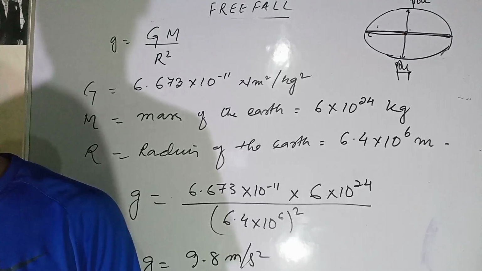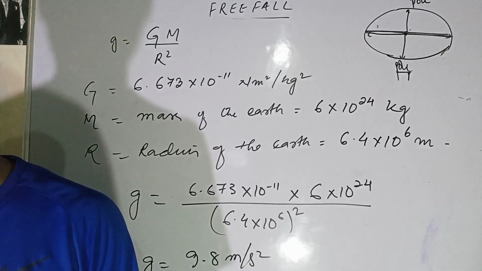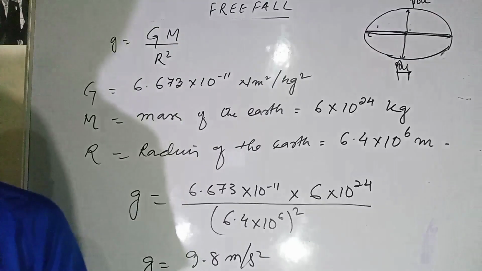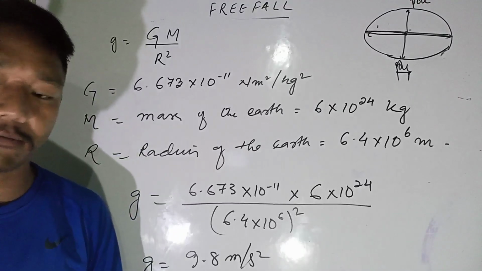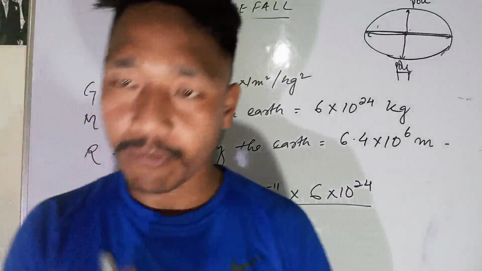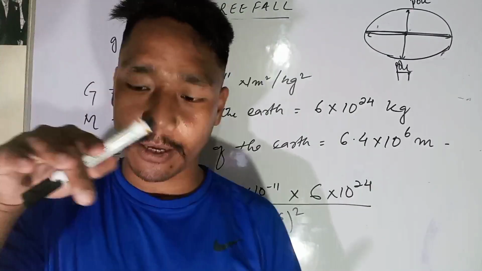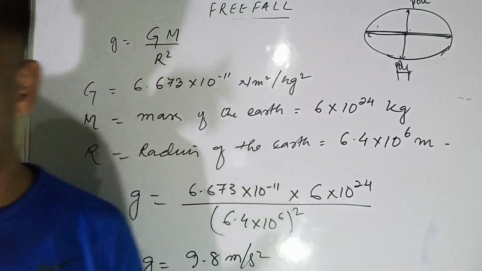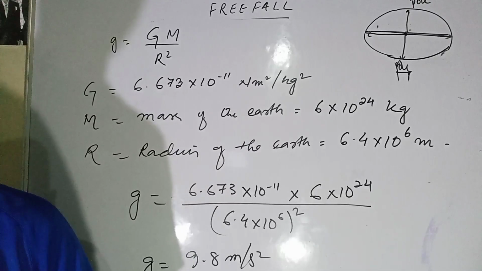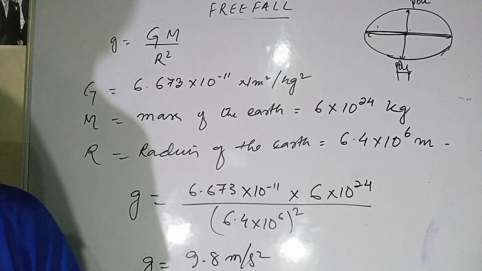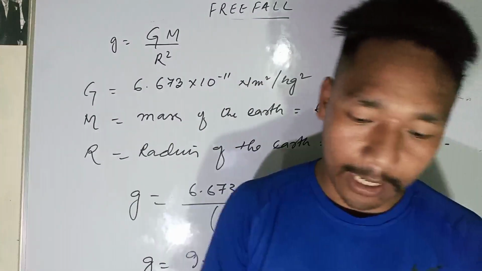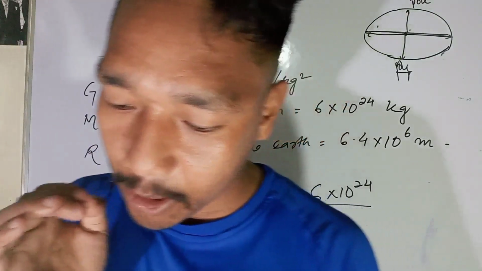Now, the motion of an object under the gravitational force of the Earth. We know that the object experiences acceleration due to free fall only. Whenever objects are in free fall, the object experiences an acceleration, and this acceleration does not depend on its mass.